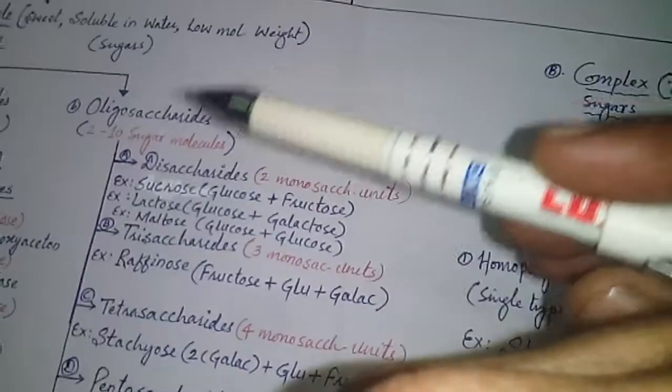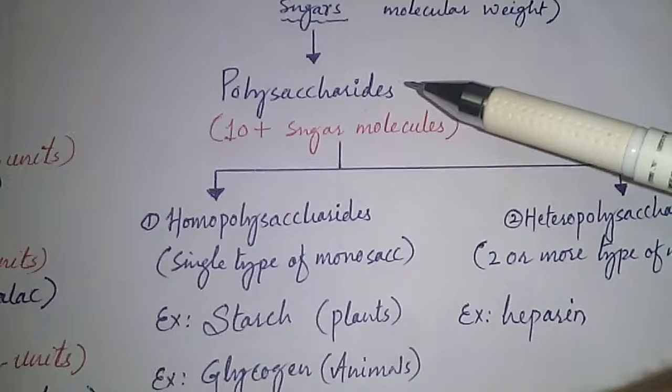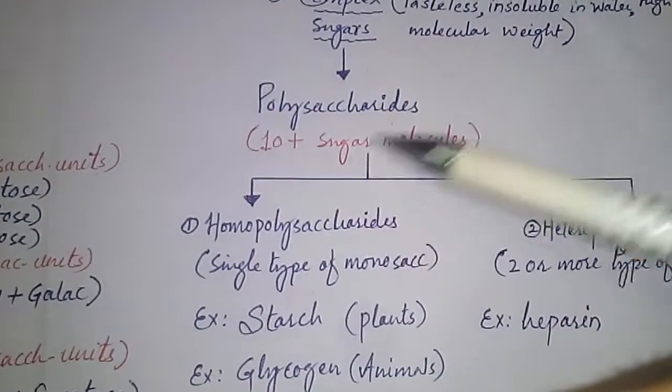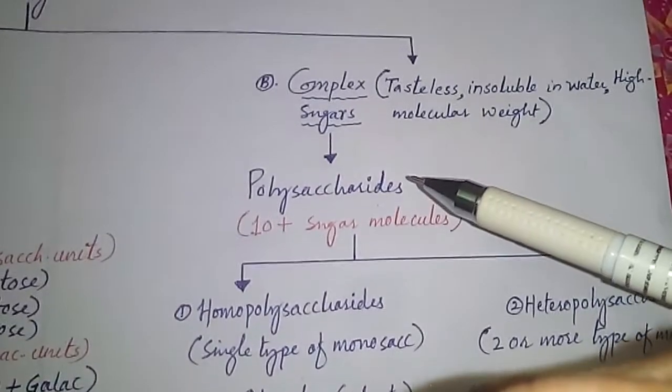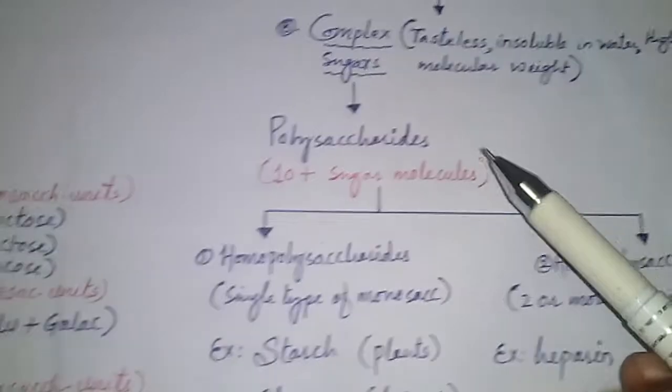Up to 10 sugar molecules they are known as oligosaccharides, and more than 10 monosaccharides, that type of carbohydrate is called a complex sugar, polysaccharides.